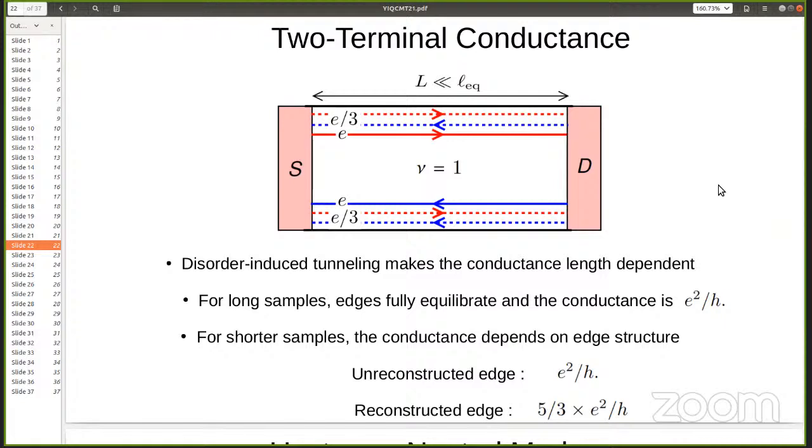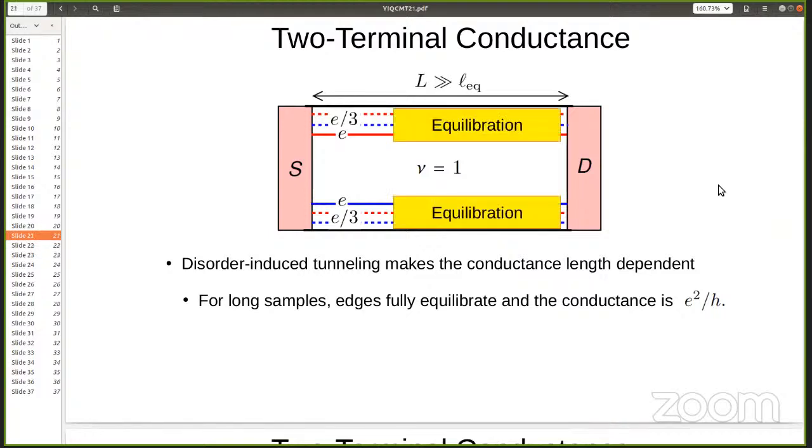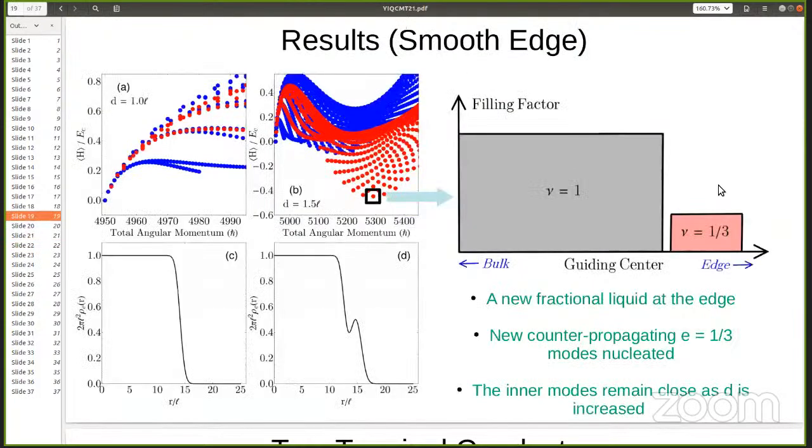Yes. Okay. So let me just say that the main result we have is that the edge of a nu equals 1 can reconstruct, and what we have found is that it always prefers to have a fractional phase at the edge.